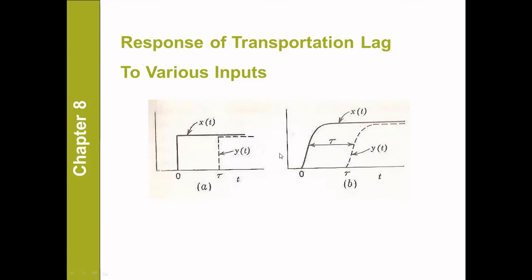So there's another scenario here wherein hindi na siya box type, naka-curve na siya, pero ang imo output, amo man na iya shape, naglag lang siya by tau time. So just like if you're going to apply it to real processes, if there's something that happens 1 meter or a 100 meters before a particular pipeline, mabatsagan na iyang effect sang sina nga change sa 100 before a particular pipeline set, tau time pa.